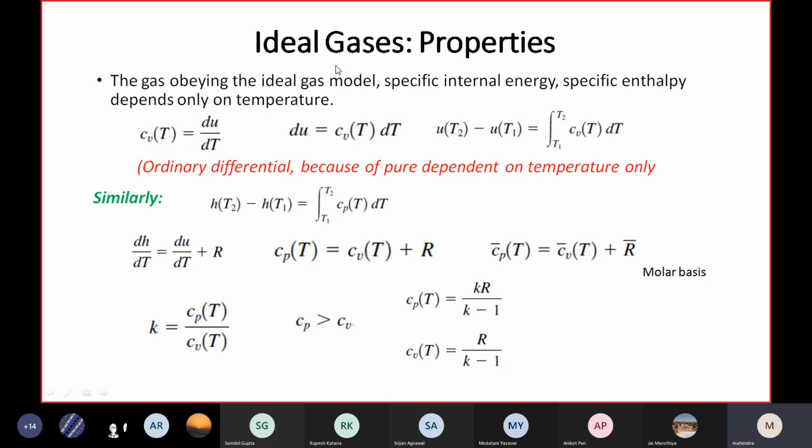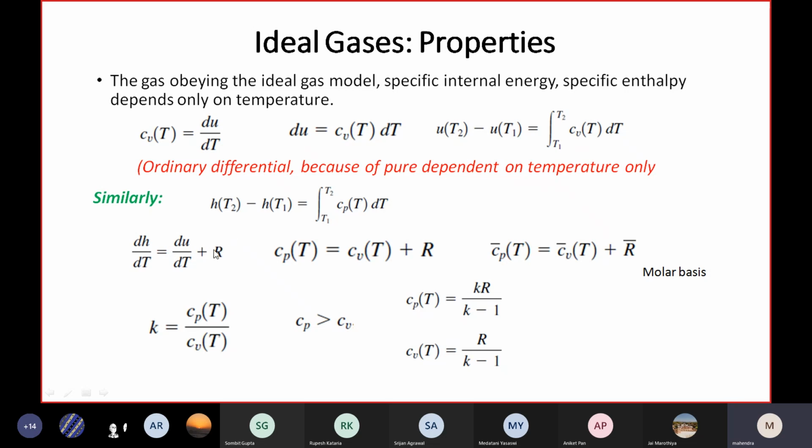Once you observe over here, for the case of ideal gases, Cp is greater than Cv. Because H equal to U plus RT, right? That we have seen in previous slides. Actually, H equal to U plus PV, that is your enthalpy.